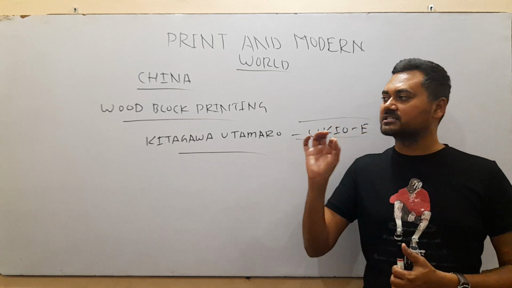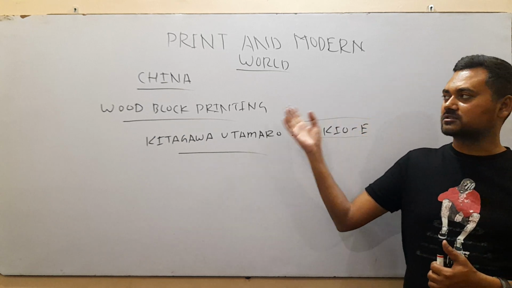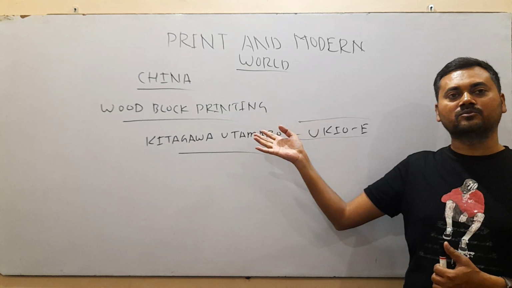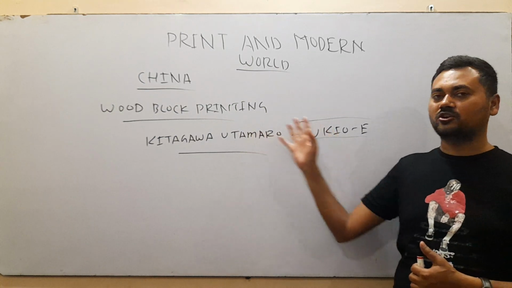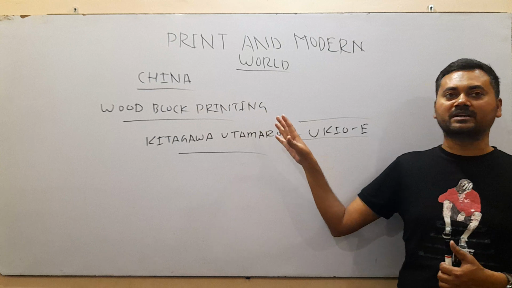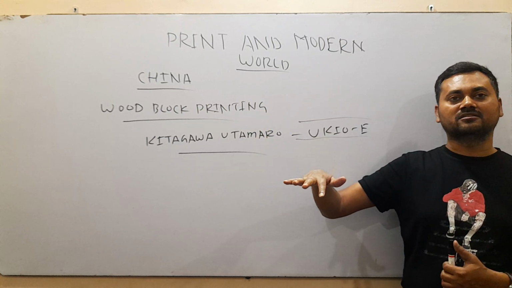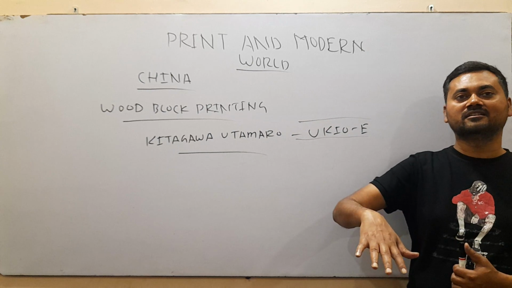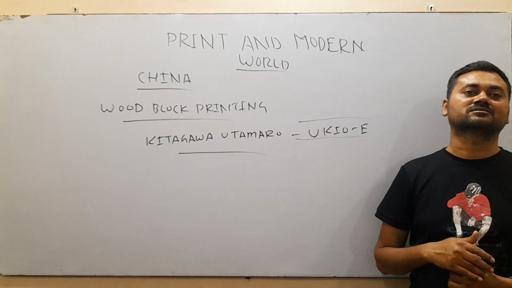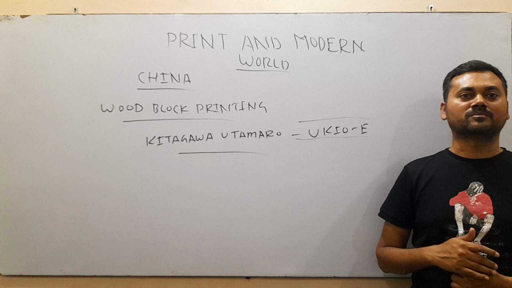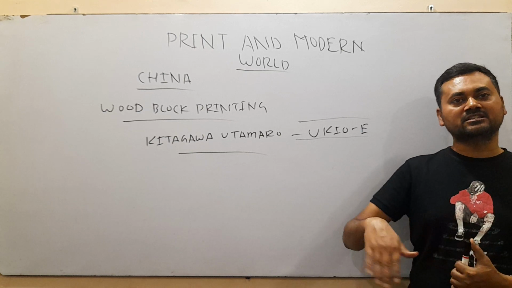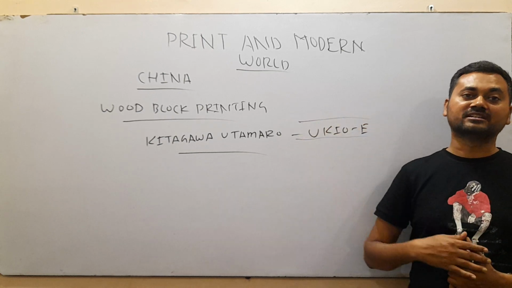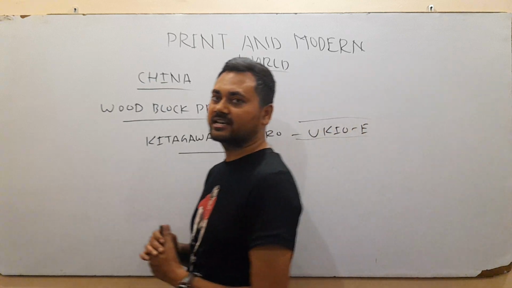So Marco Polo is an important person who had come to China, got the knowledge of woodblock printing, later on introduced this knowledge in his own country, Italy, and that's how it was known to the people of Italy, and later on it also reached other European nations, Britain as well.